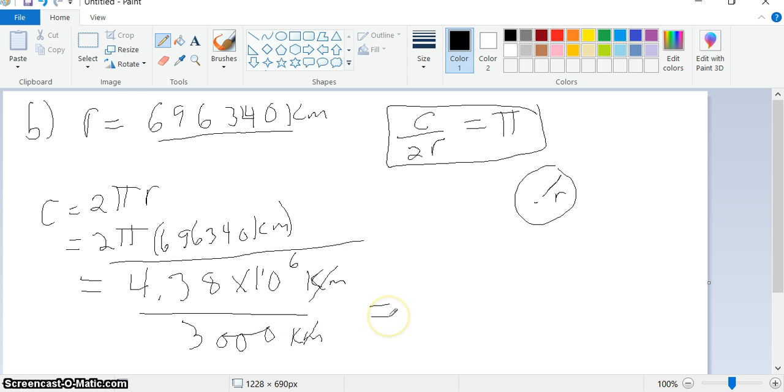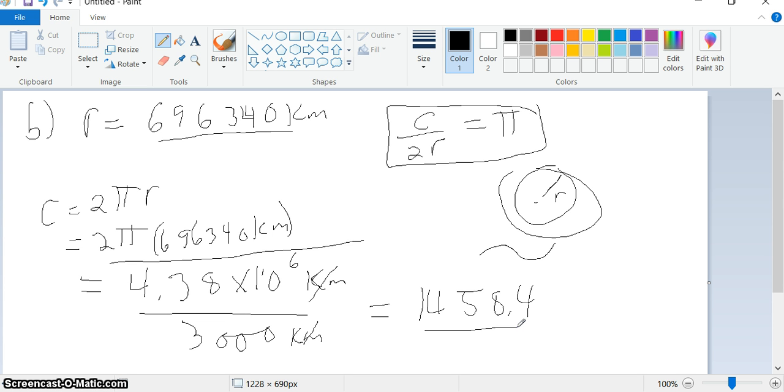This is the number of wavelengths that would fit around the circumference of the sun: roughly 1,458.4 wavelengths. These are waves going around the circumference of the sun at the equator, so there'd be more than 1,400 of them.